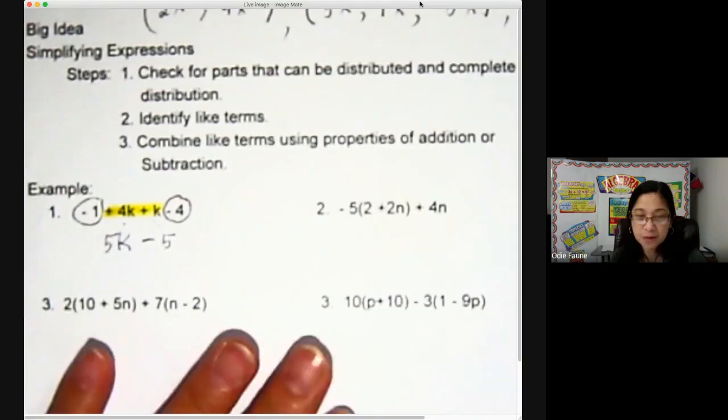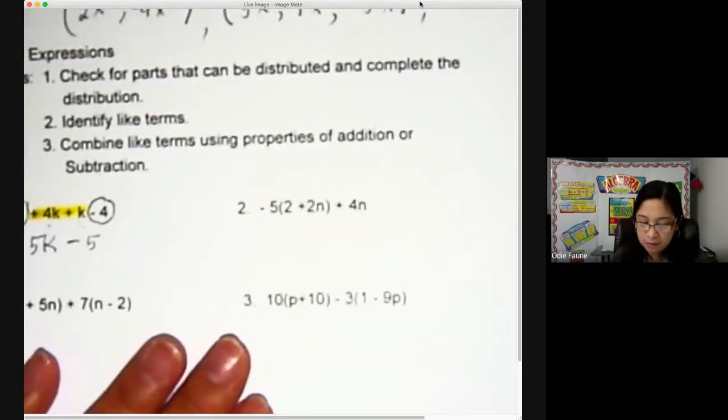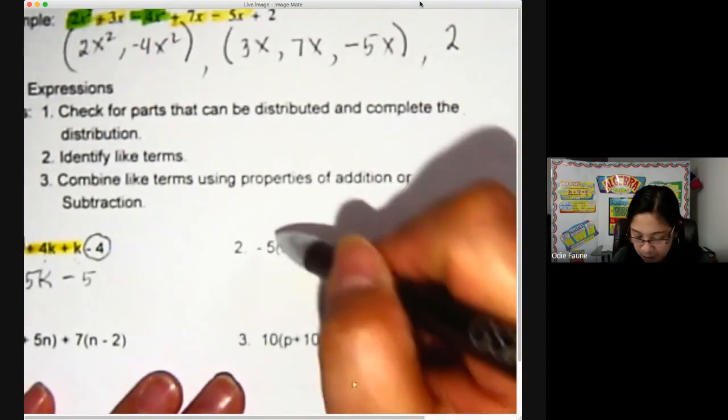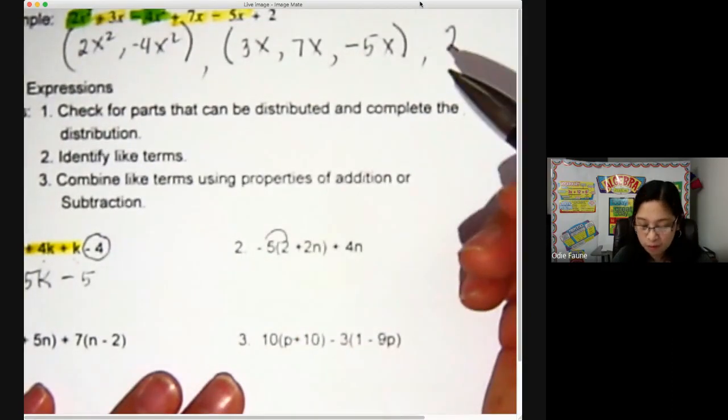Let's go to number 2. Check for the parts that can be distributed and complete the distribution. There is a part that can be distributed here. We distribute this there. To distribute means to multiply.